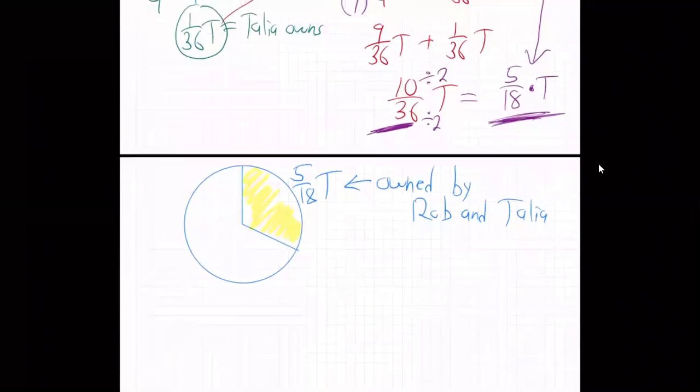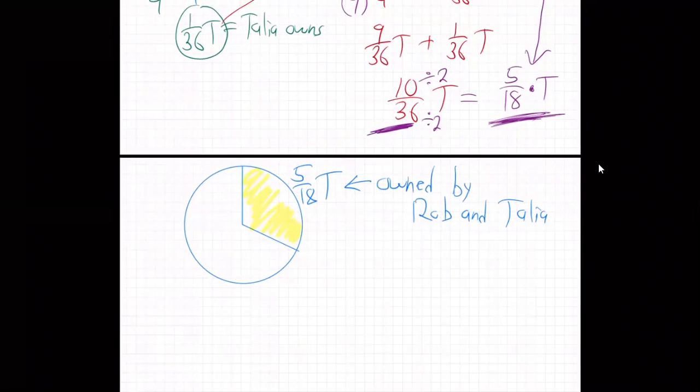So then over here is the part not owned by Rob and Talia. The rest of the pie is not owned by Rob and Talia, right?